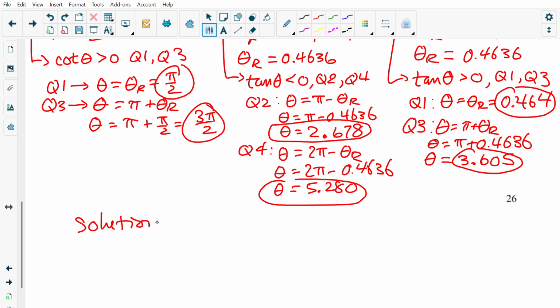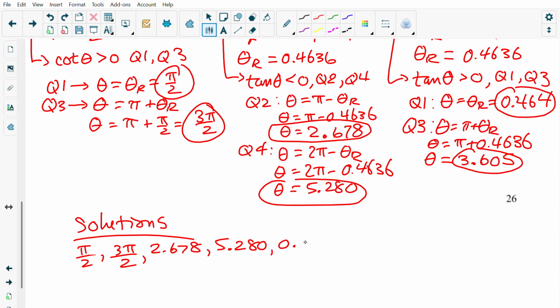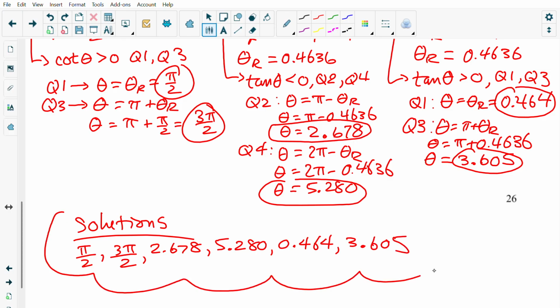Let's see, the solutions: I have pi over 2, 3 pi over 2, 2.678, 5.280, 0.464, and 3.605.